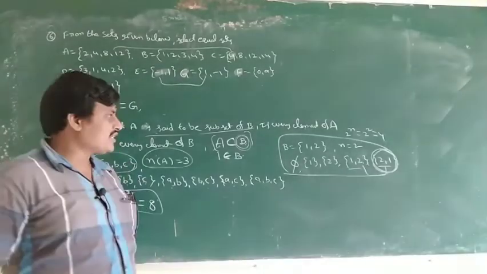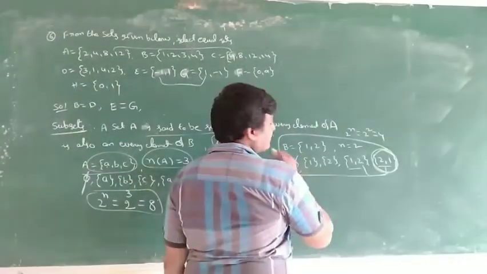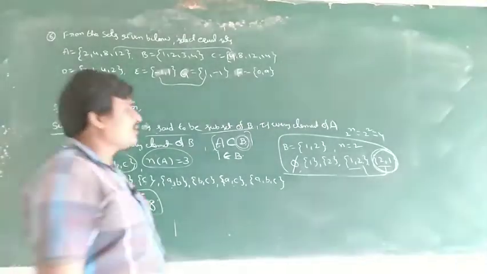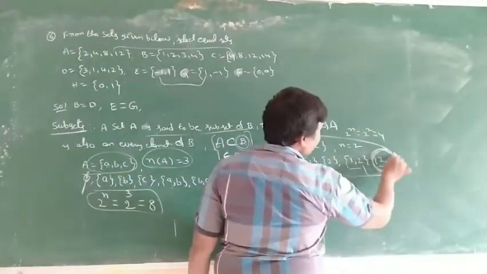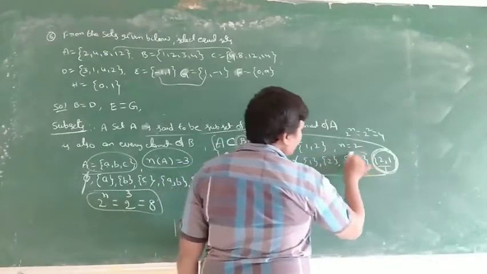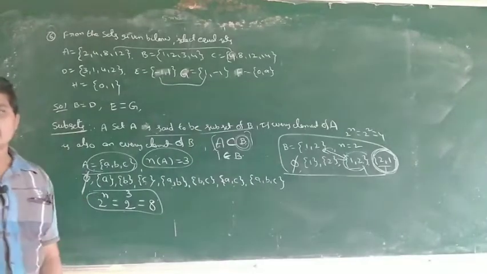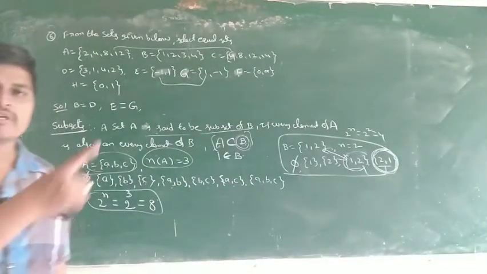For example, phi is fixed. Phi is automatically a subset of any set, and the set itself, 1 comma 2, is also a subset of the given set. Phi and the set itself are subsets of the given set.